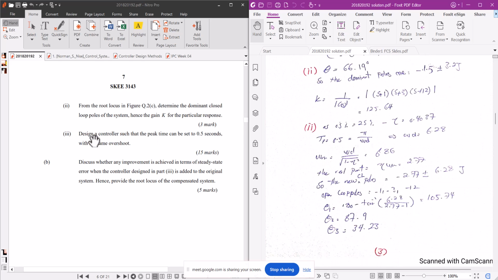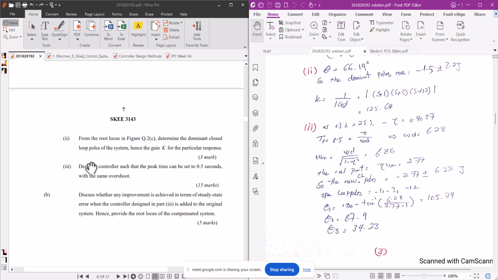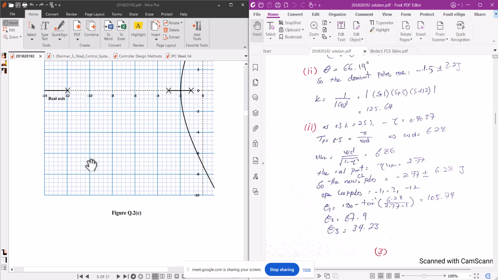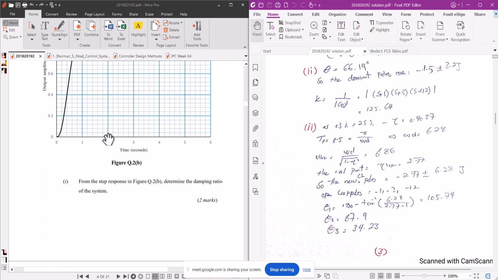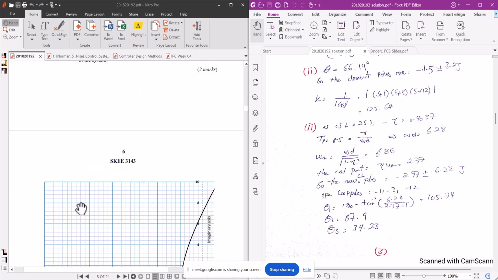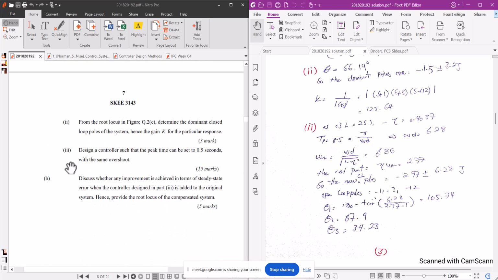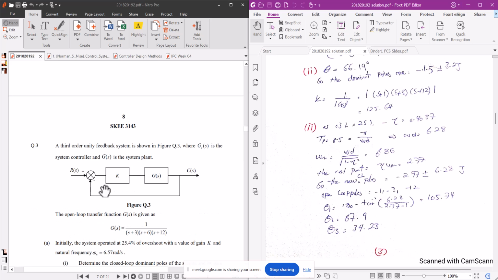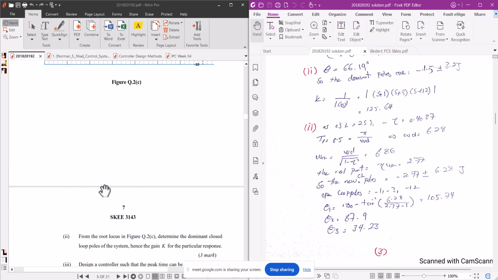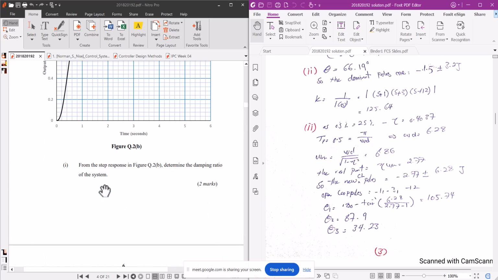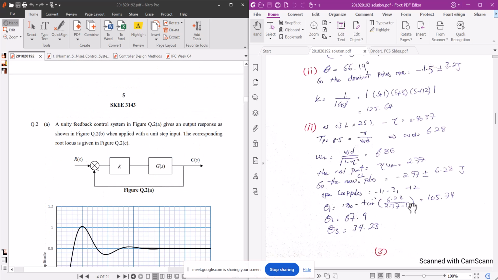So this is the controller design, a typical controller design problem. So these are the two parts, part A and part B, we have completed them. So this concludes our question number 2.